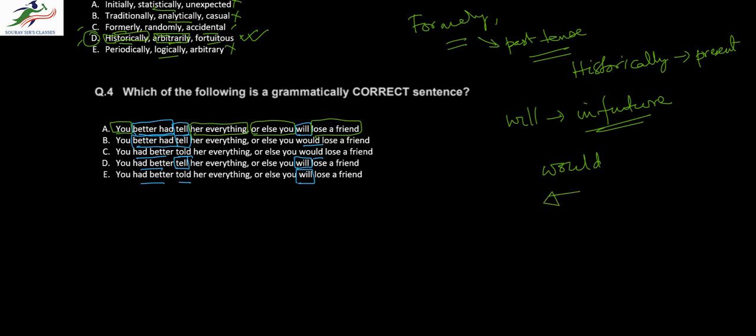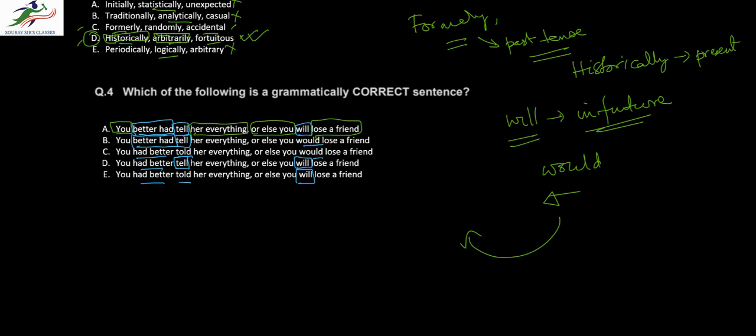If he was there, he would have done it. If she was alive, she would have played with me. So would is associated with something in the past. It is a past tense of will. So definitely or else you will lose a friend is the correct one.